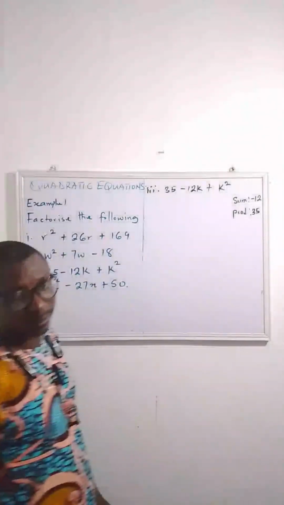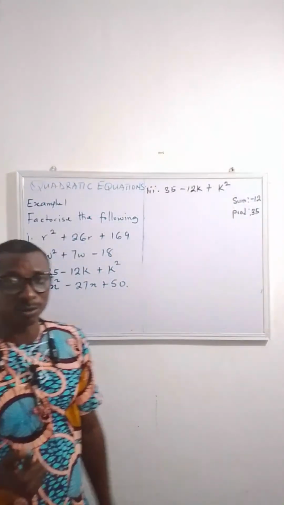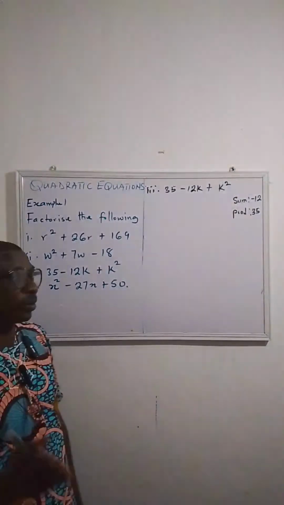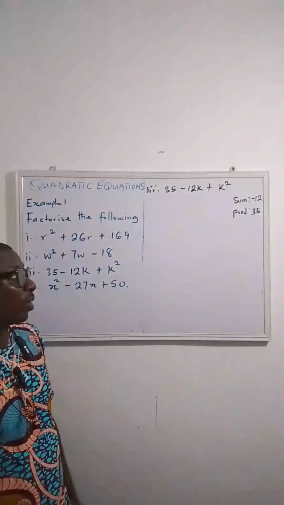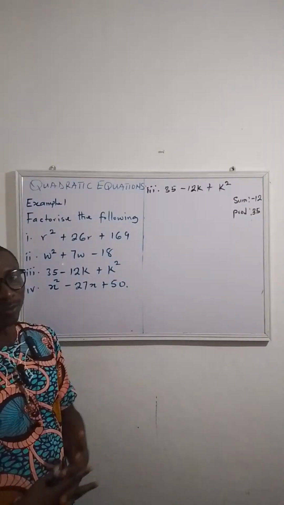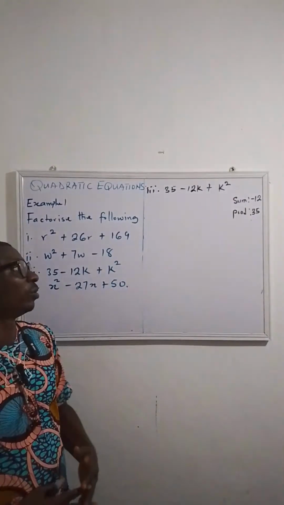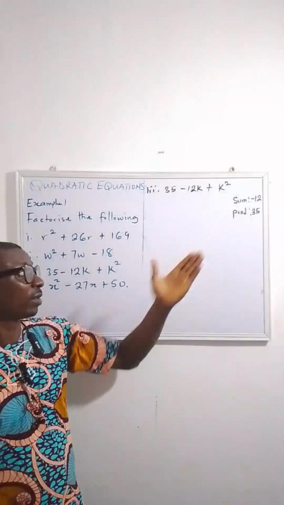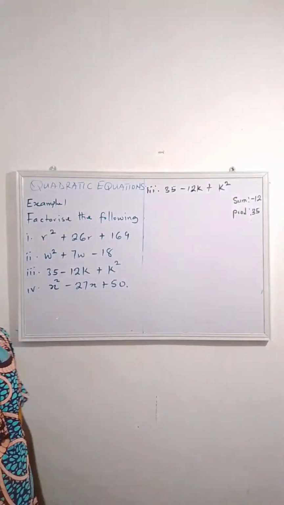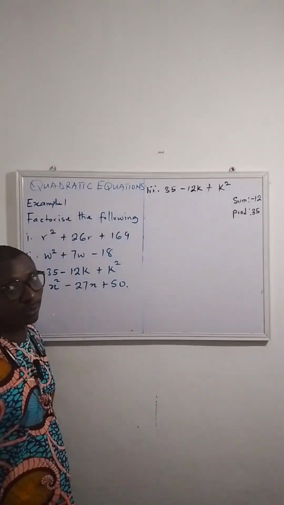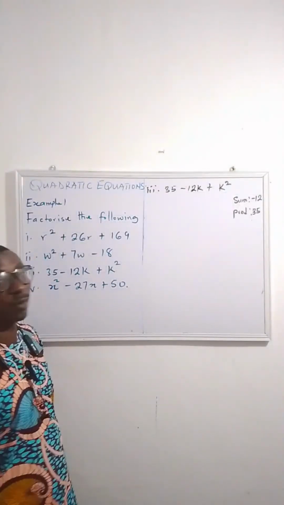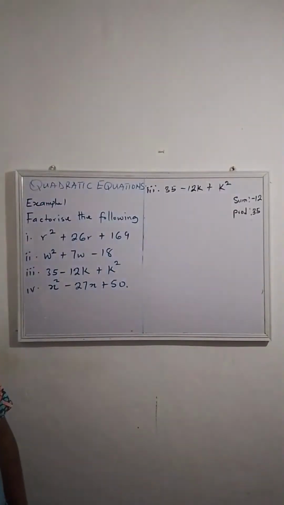So the next thing, you know the next question I'm going to ask you. What are the two numbers such that when you multiply them together, you have 35, and when you sum them together, you have negative 12? Don't forget what I told you. Those numbers must be factors of the product, that is 35. So what are the two numbers?